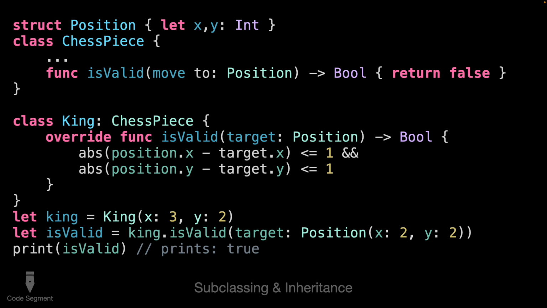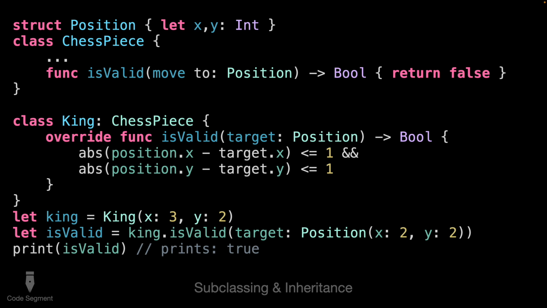So we've used the override keyword, and that is our way of telling Swift, hey, the king class is going to behave exactly the same as the chess piece class, but whenever someone calls the isValid method on an instance that is a king, instead of calling chess piece's method definition and using the code there, we want you to call this one instead, right? It's still going to interact with the exact same stored properties, right? You can still access any other functions that you didn't override, right?